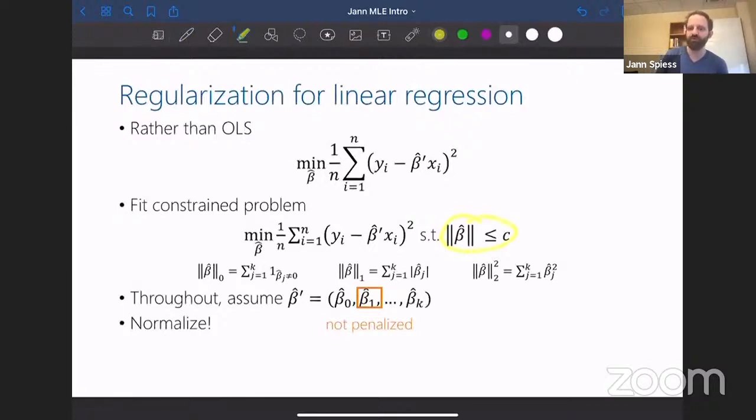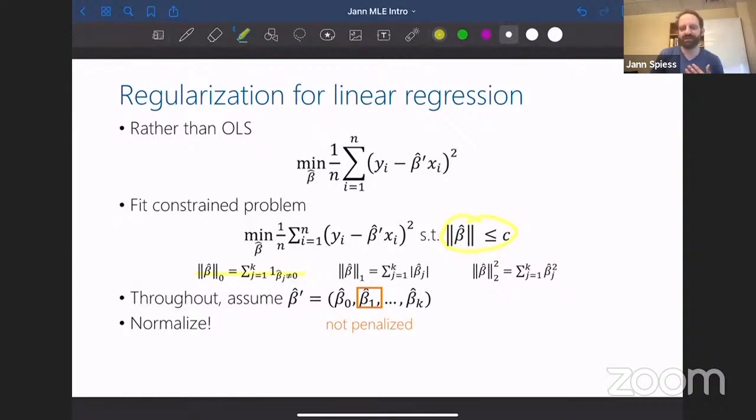So a few familiar and popular ways of doing that would be the so-called L2 norm, which is not really a norm, which simply counts the non-zero coefficients and says, instead of fitting a linear regression with all coefficients, I'm going to fit a linear regression where I'm only going to allow a set number of coefficients, which here would be called C. So for example, I'm running linear regression on 50 variables, but I'm only allowing 20 of them to be non-zero.